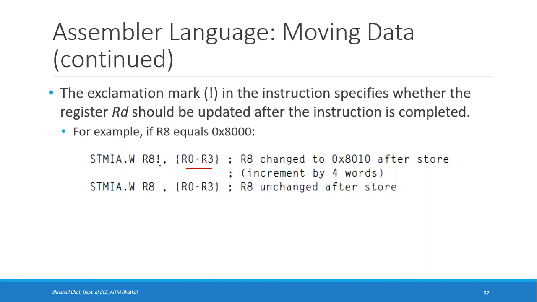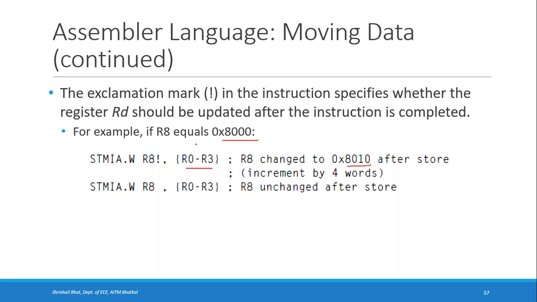Till C it has copied. After C, if you take 4 bytes, it will be 8010. Suppose R8 is initially 8000. 4 words means 4 into 4, that is 16 bytes, and 16 in hexadecimal is 10. So it will be updated to 8010 because you have used this exclamation sign.